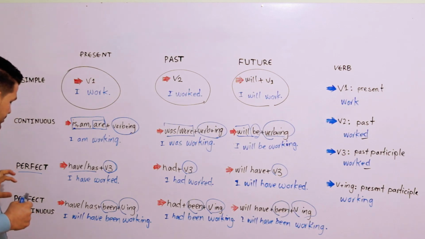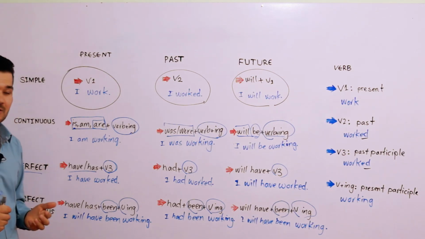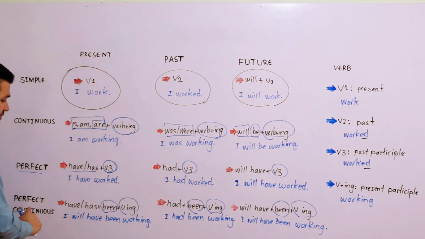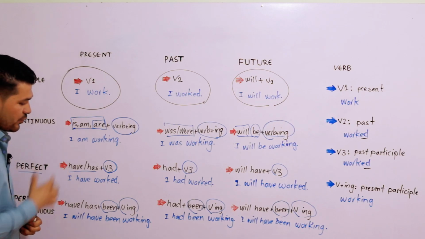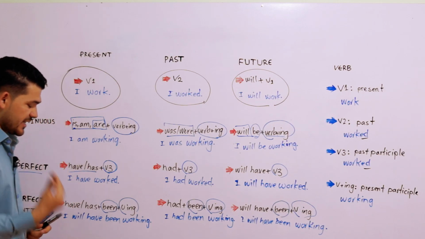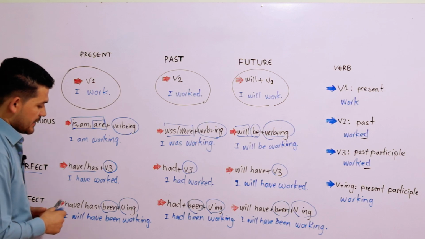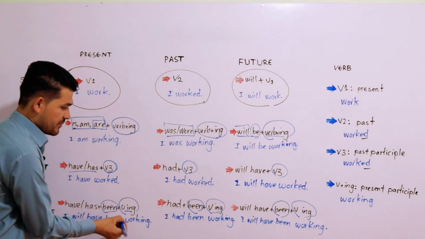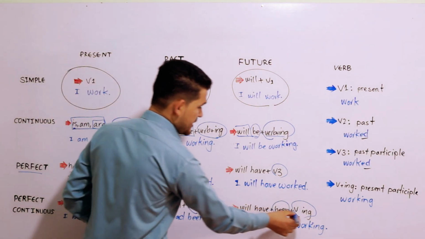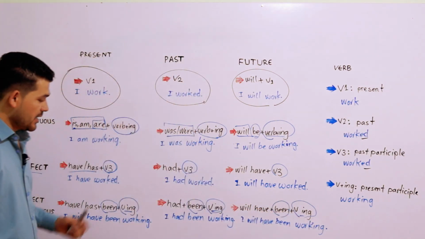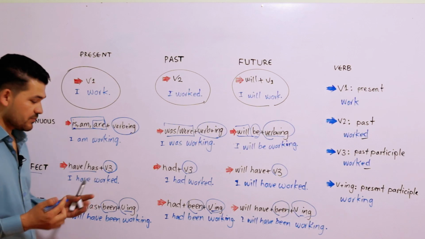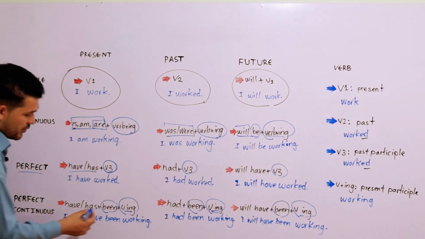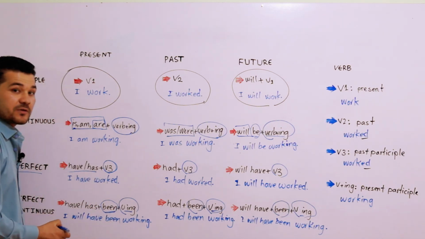Now let's study the perfect continuous tenses. Present perfect continuous tense. Whenever we talk about continuous or progressive tense, we have verb ing. So the verb ing shows that it is continuous. But what about perfect? We also have perfect here. We have the third form of the to be verb.